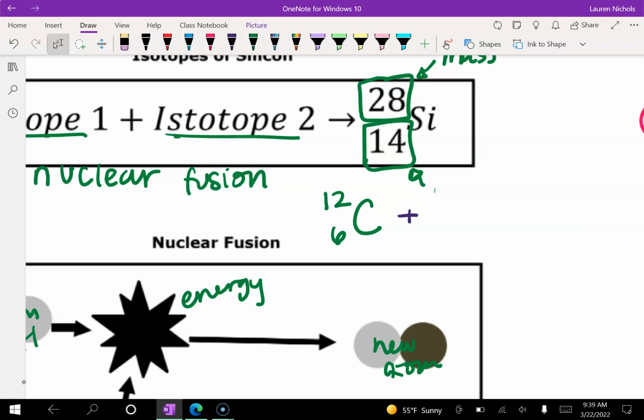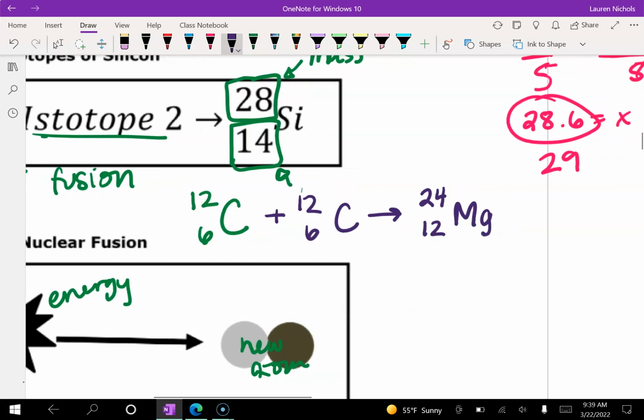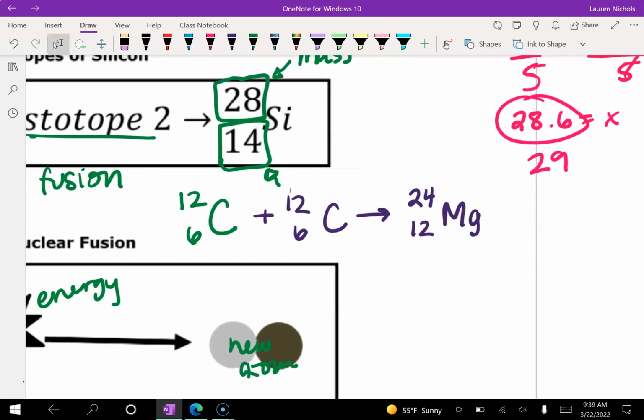And if you combine 2 carbons together, you will get 24 and 12, and number 12 on the periodic table is magnesium. Now, the goal is we would need to get all the way to silicon, and we notice that we're 4 and 2 away from what we need.